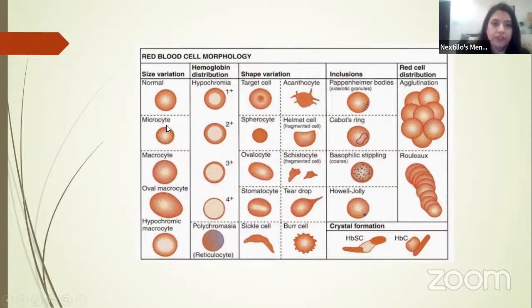Then below that is a macrocyte. Again, we get an idea inside the microscope by comparing it to surrounding small lymphocytes. If the cell appears smaller than the small lymphocyte, it is a microcyte. If it appears larger, it is a macrocyte. All right.